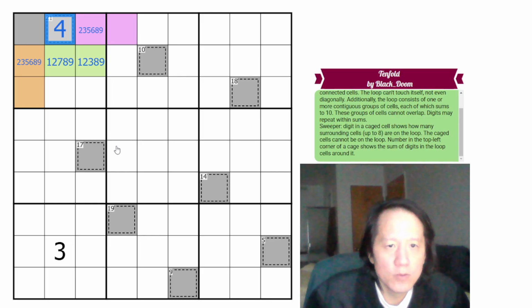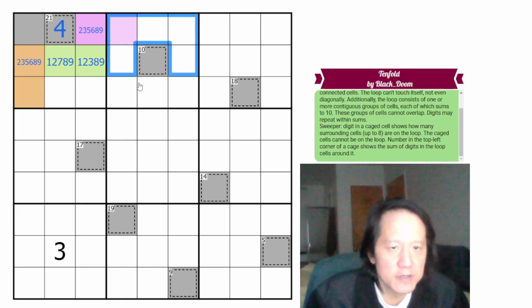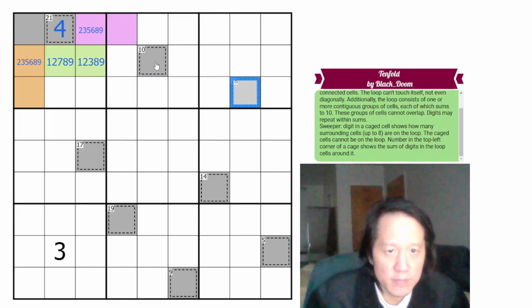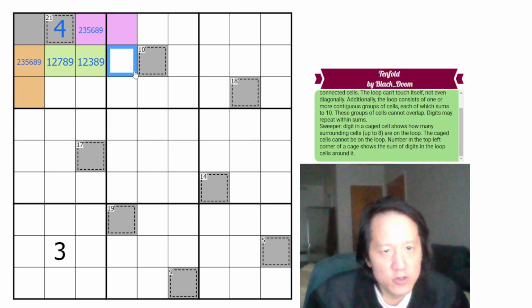Okay, we know for this one, all the digits that surround it must add up to 10. It cannot touch itself, so it can't go back down. So it has to continue this way. But we know these digits must add up to 10.